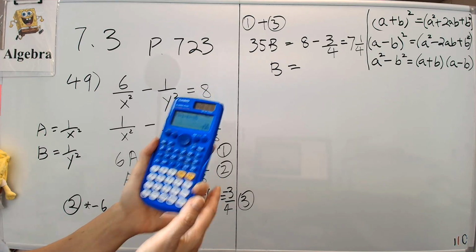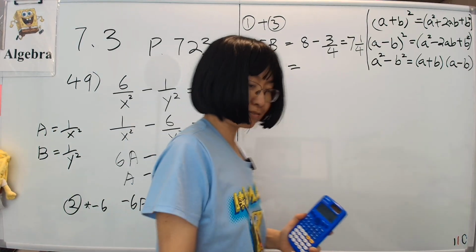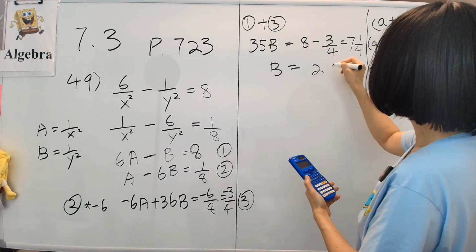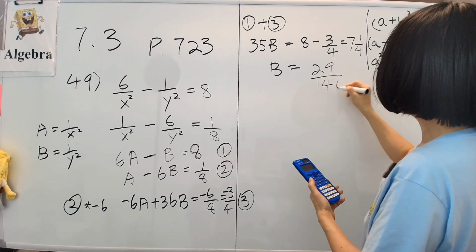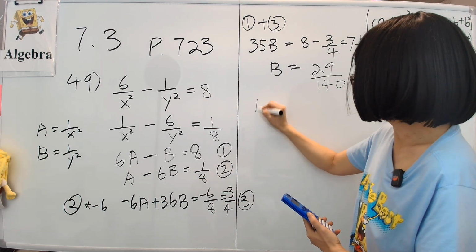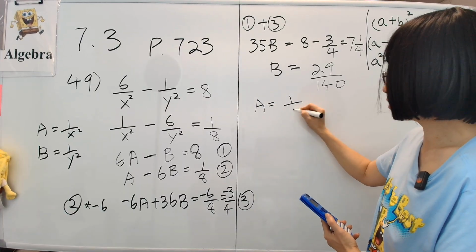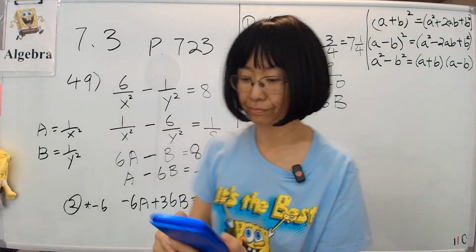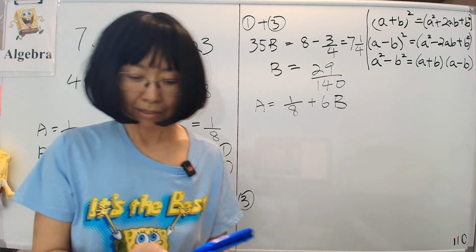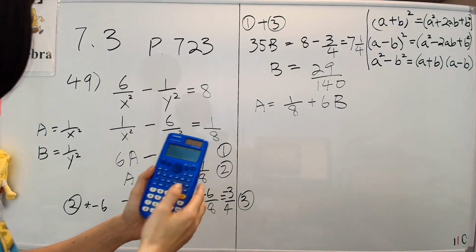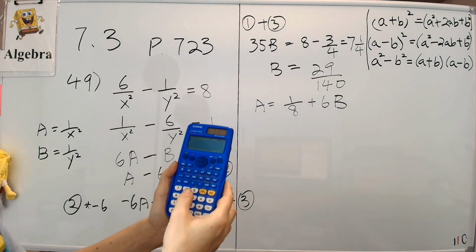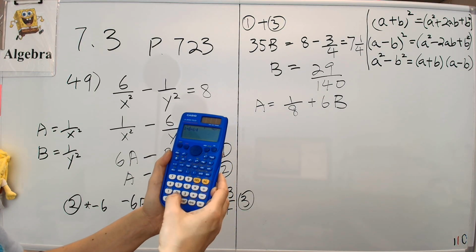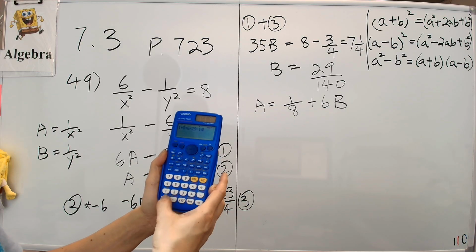That's 29 over 140. I will check this first. All right, so let me write this down. B equals to 29 over 140. We'll deal with that later. Okay, so then A then equal to 1/8 plus 6 times B, and that would be equal to, let's see, we will have 1 divided by 8 plus 6 times 29 divided by 140.